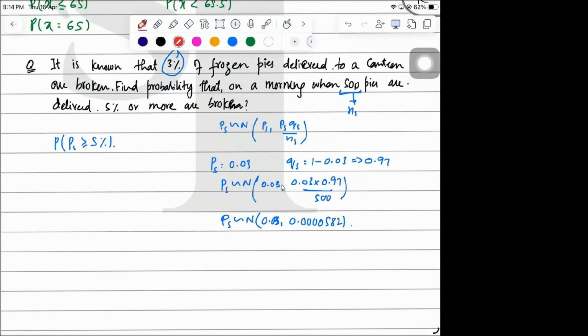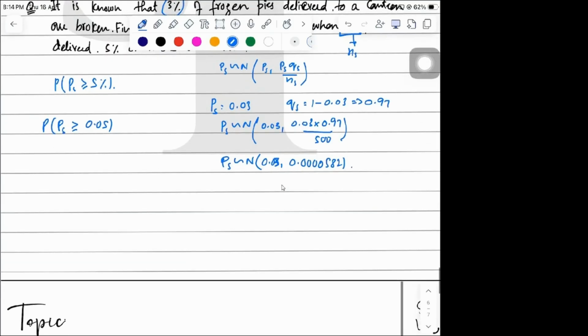Now we have that term, P_S greater than 0.05. So according to the continuity correction, you're going to do 0.05 minus 0.03.